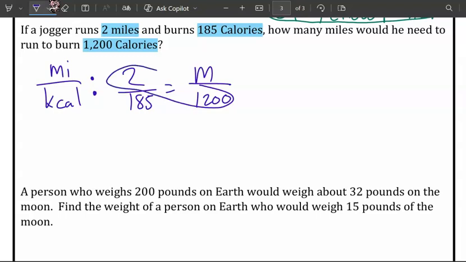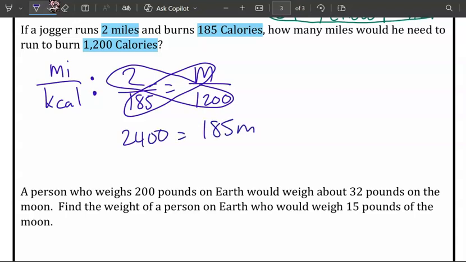Let's cross multiply. 2,400 equals 185m. Divide each side by 185. And so they would need to jog about 13 miles.